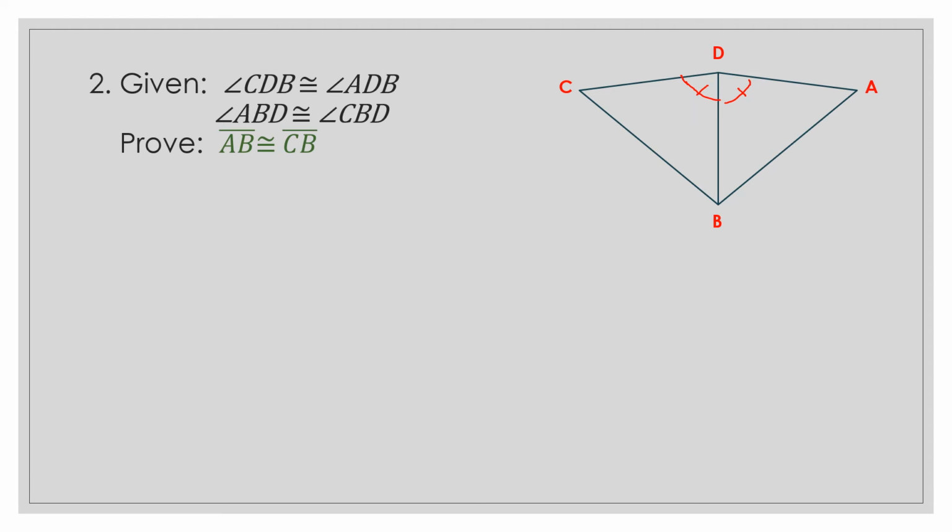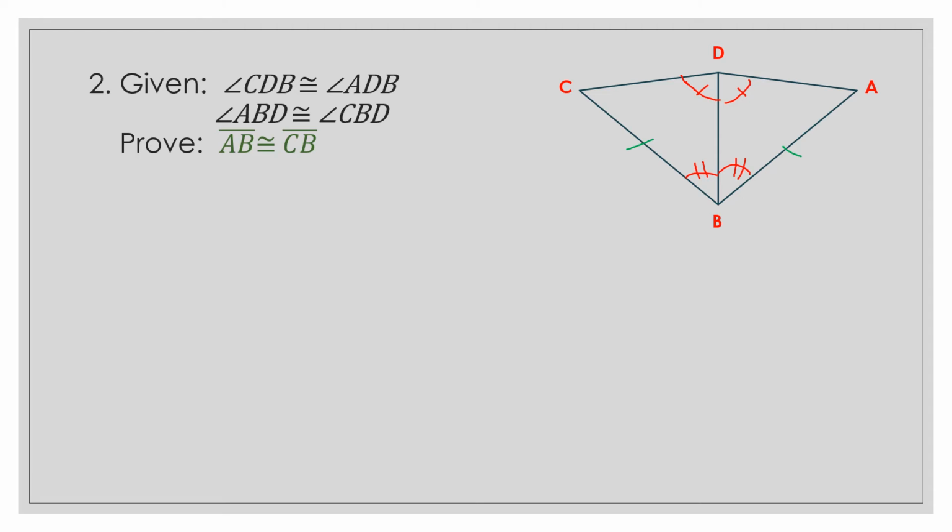Okay, this one. And angle ABD is congruent to angle CBD. Okay. Prove that segment AB is congruent to segment CB.